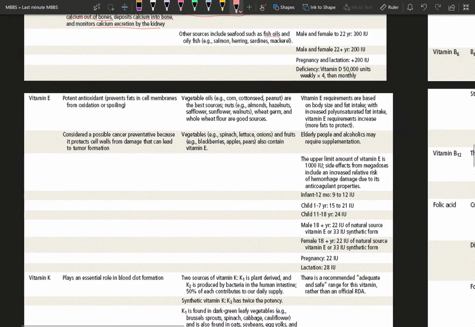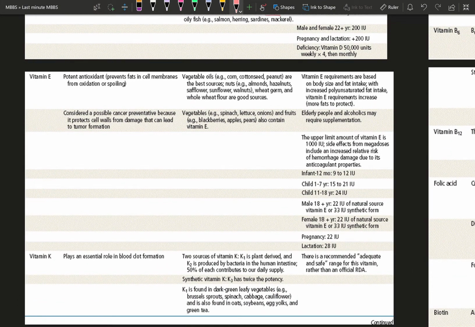Moving on to vitamin E. Vitamin E is a potent antioxidant. So whenever vitamin E pops up, you need to use this word, antioxidant. And as I said before, it is a possible cancer preventative and also protects cell walls from damage that can lead to tumor formation. All of those are in a research state, and it is supposedly going to help you prevent cancer.